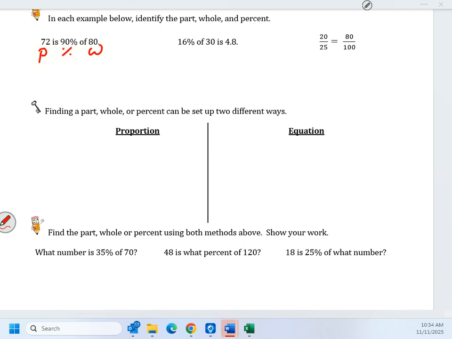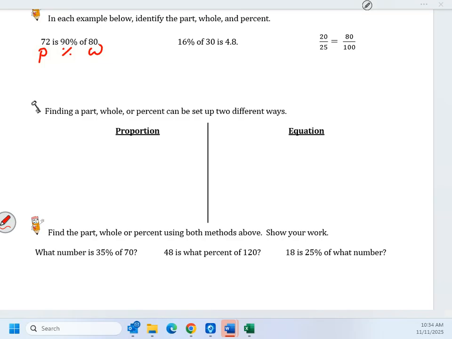Part and whole. Which number is going to be bigger? Whole. The whole. Every single time. Part is a part of the whole. So the part is always going to be smaller. The whole is always going to be bigger. Always, always, always. So we need to remember that.